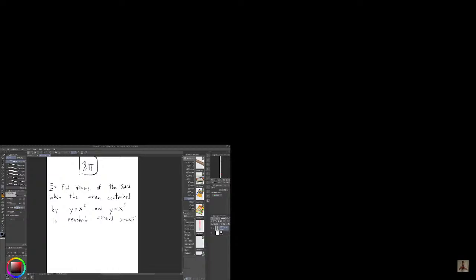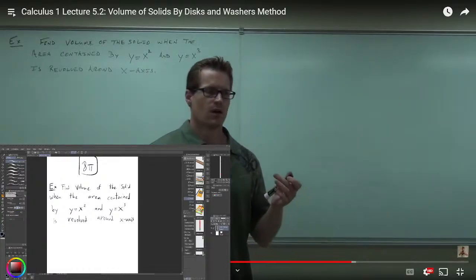Now, the problem is, do I give you any bounds right here? Do you know which one's on the top right now? Do you know which one's on the bottom right now? So those are things we're probably going to need to figure out in order for us to set up our integral.